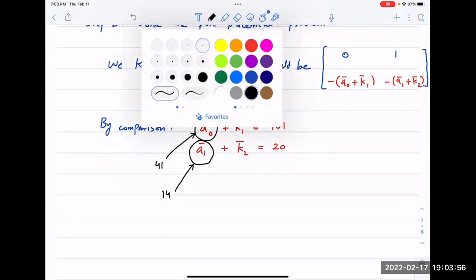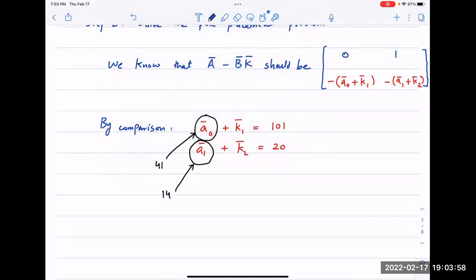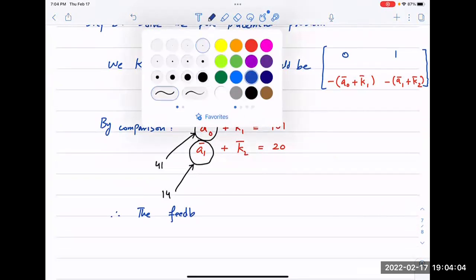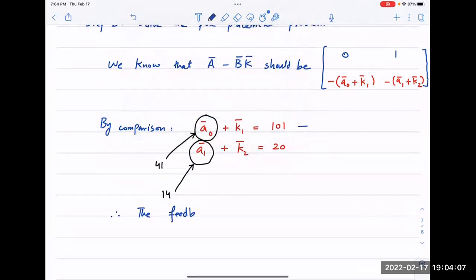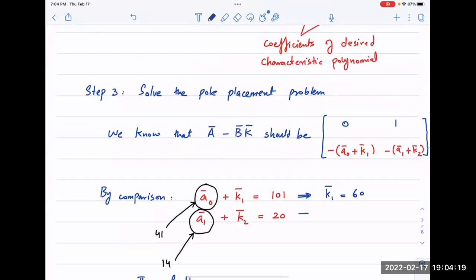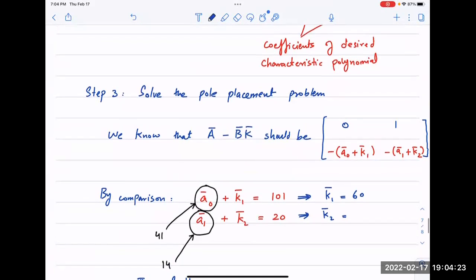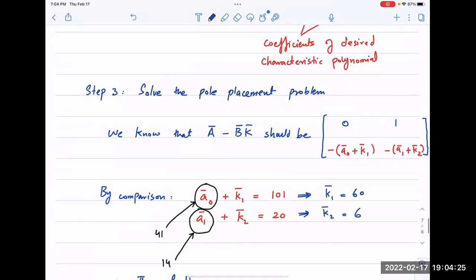Therefore, K1 bar is 101 minus 41, which is 60, and K2 bar is actually 6.